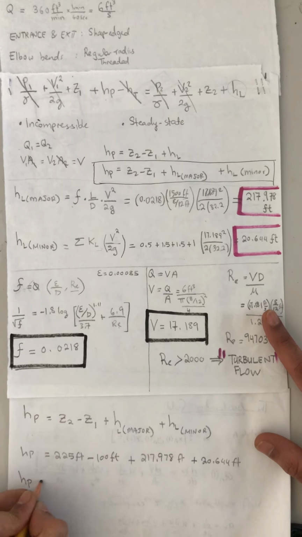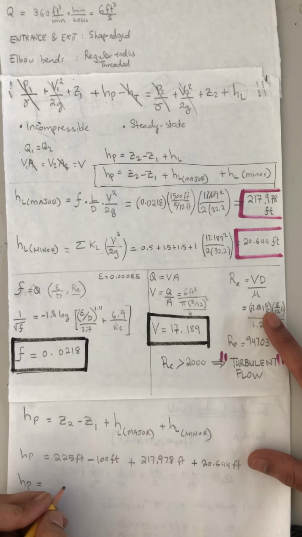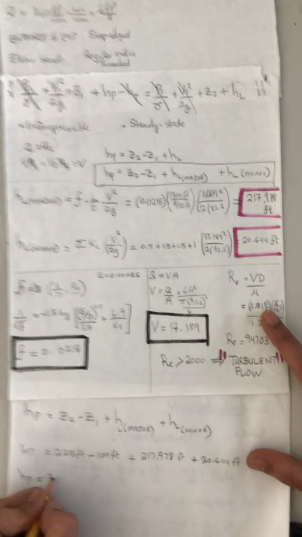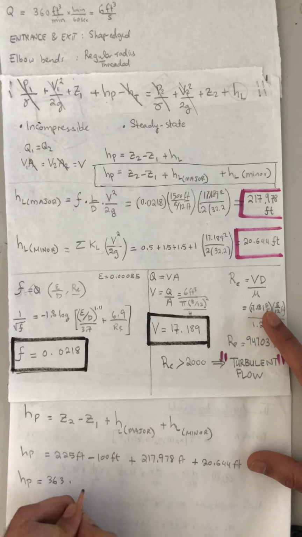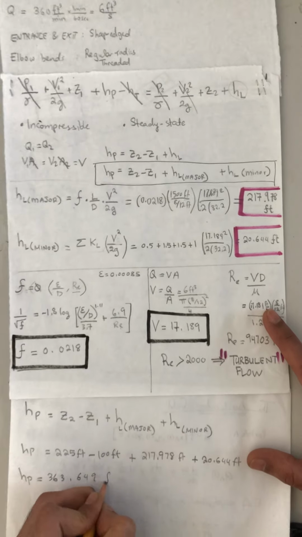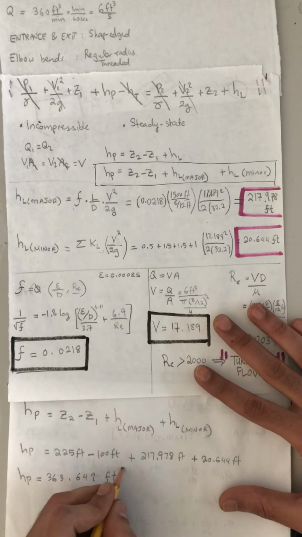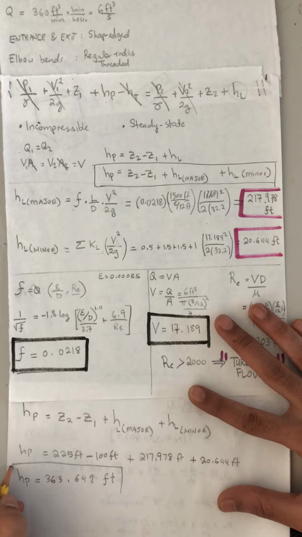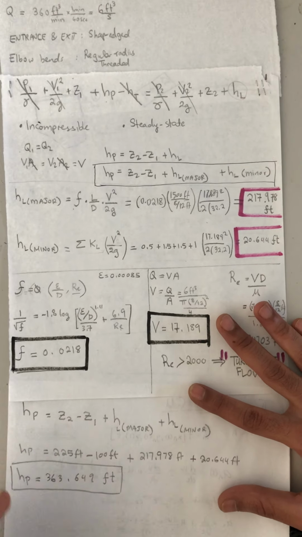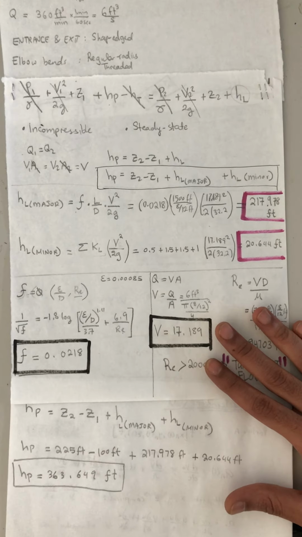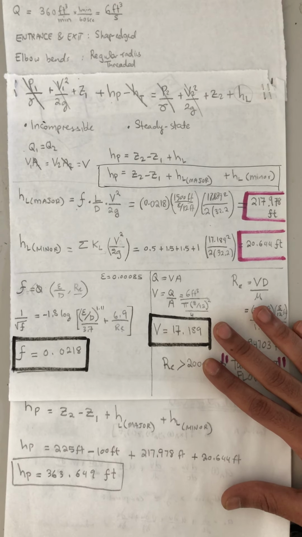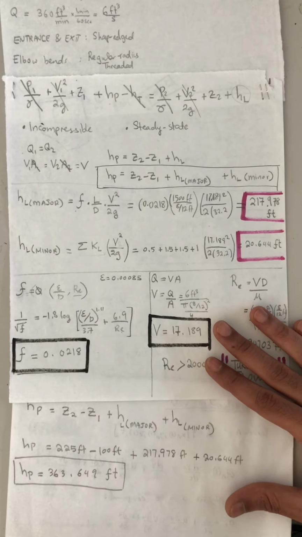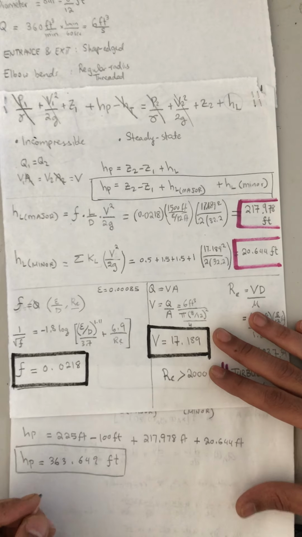Our head gain of the pump adds up to 363.649 feet. This is the power of our pump. Our pump can raise water up to this height.